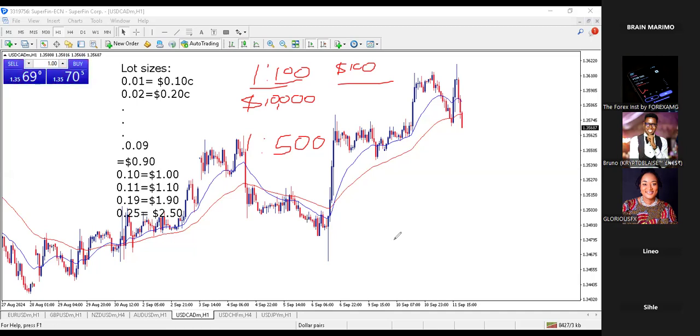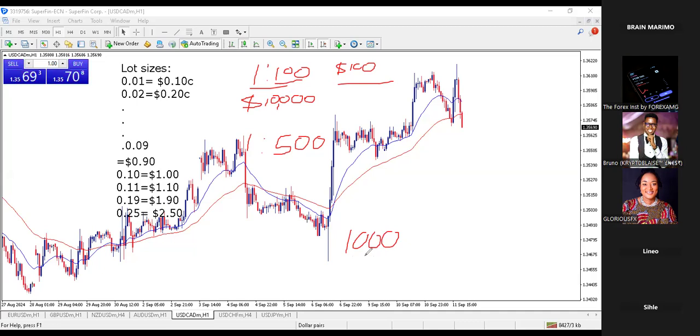But now it's gone crazy. I've seen 1,000 and I thought that was a lot. I've seen 2,000. Now it's unlimited. I don't know how they got there, but this is what I saw in Exness. It's unlimited, right? So that is leverage.